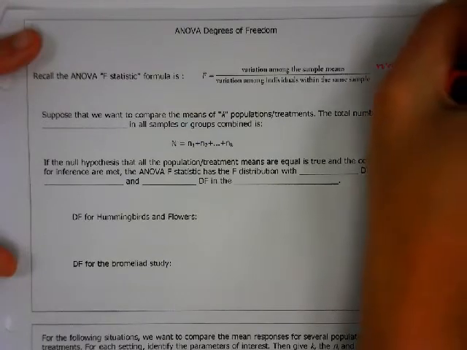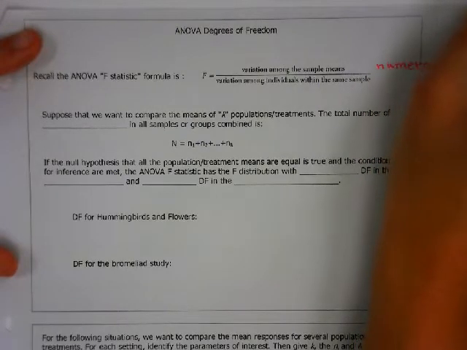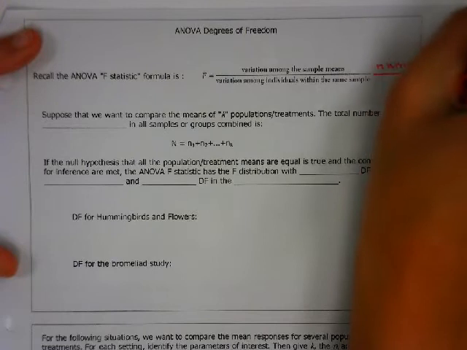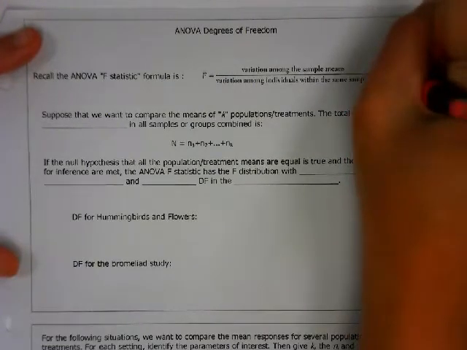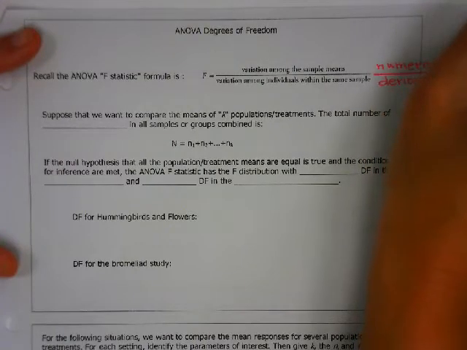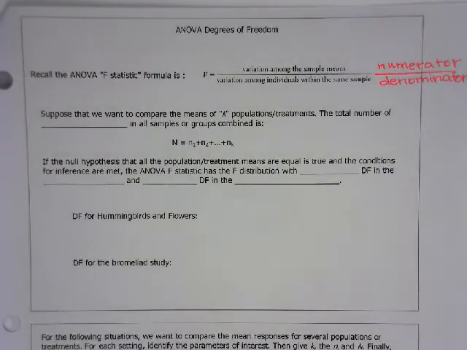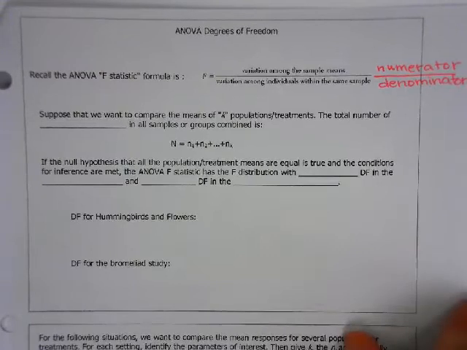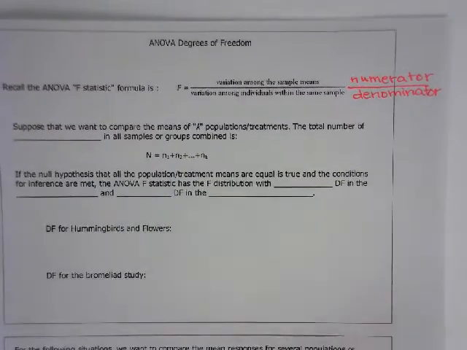Suppose we want to compare the means of K populations or treatments. The total number of observations in all samples or groups combined would be found by adding them all together.